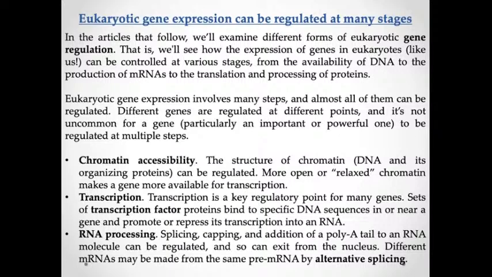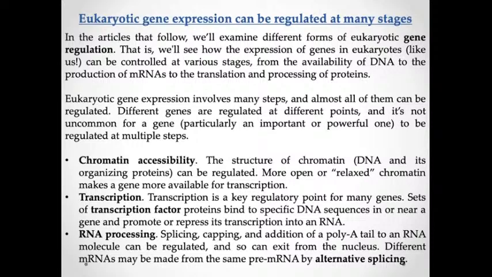In eukaryotic gene regulation, we know that the expression of a gene can be controlled at various stages, from availability of DNA and production of mRNA to the translation and processing of proteins. Different genes are regulated at different points, and it is not uncommon for genes to be regulated at multiple steps.